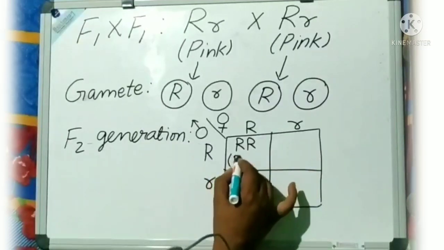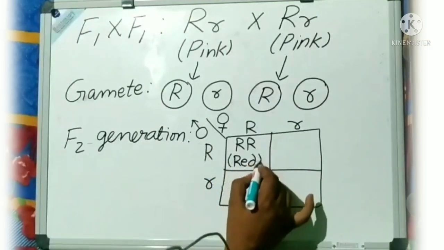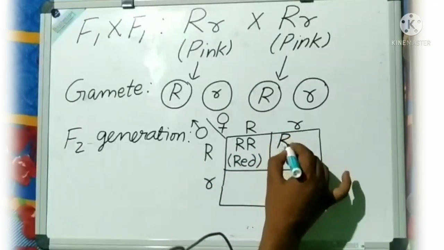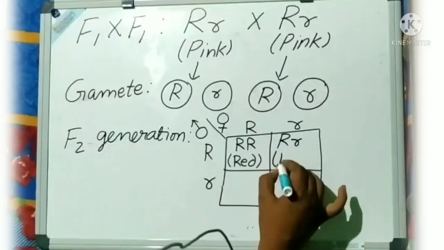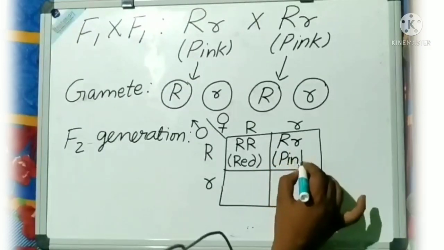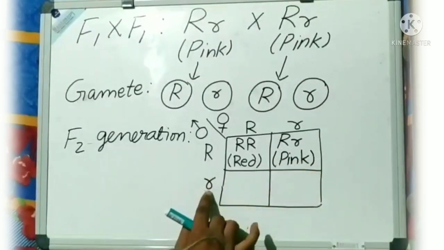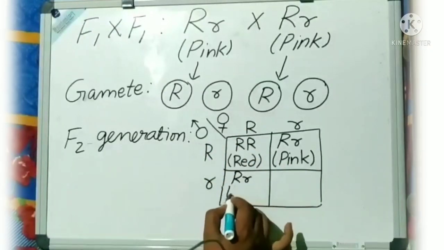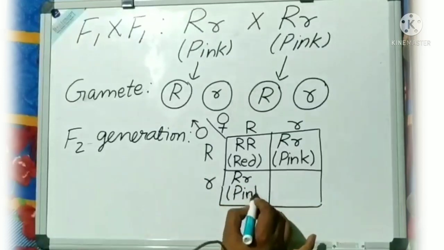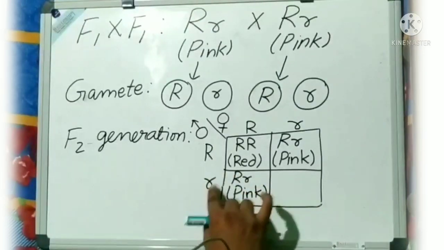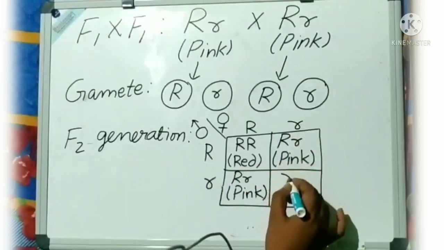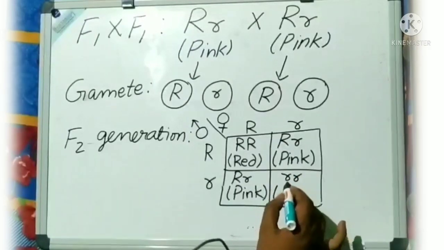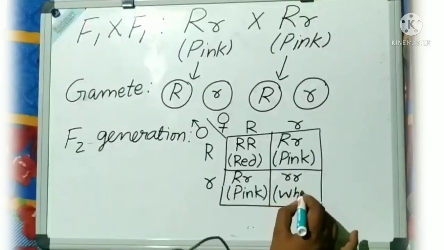This flower will be red in color. The new combination is capital R, small r. So this flower will be pink. Here this will be pink again. Now this one will fuse with this one, so we get the genotype small r, small r, and this will be white color.